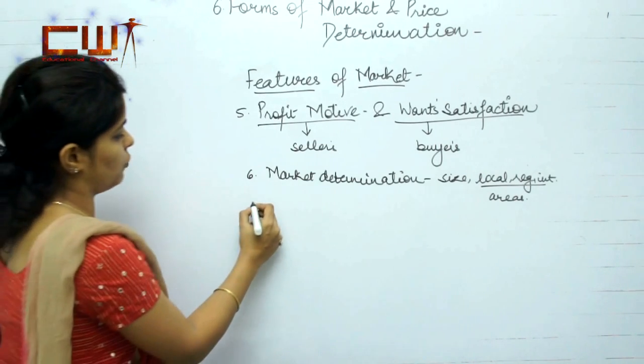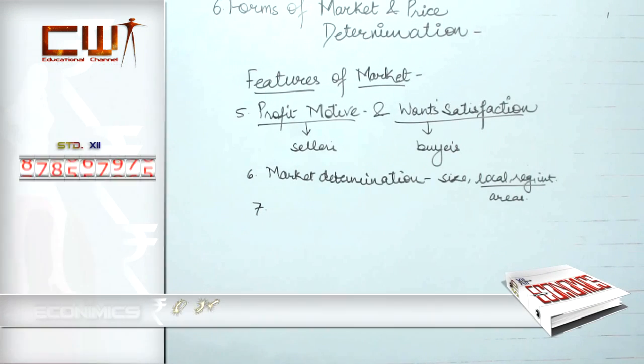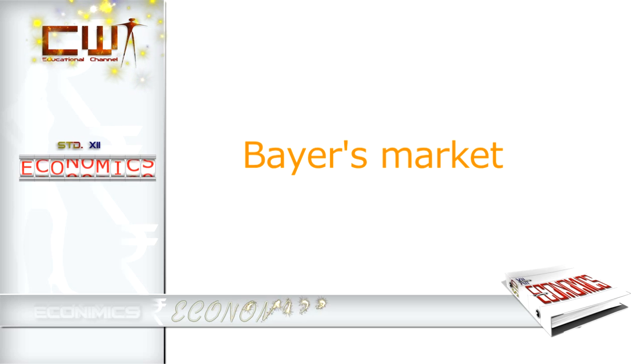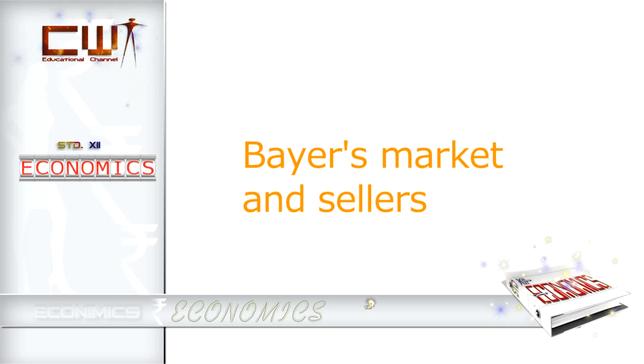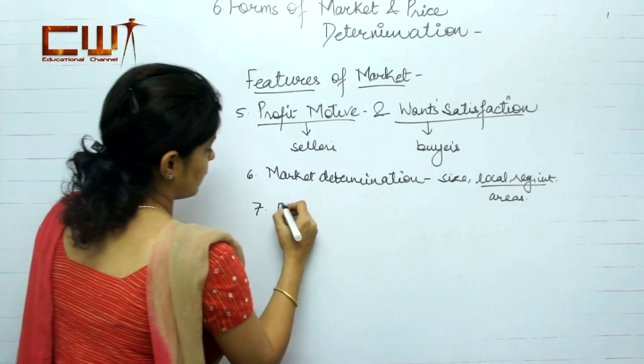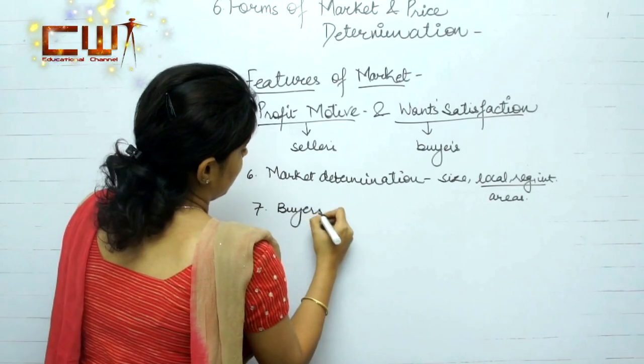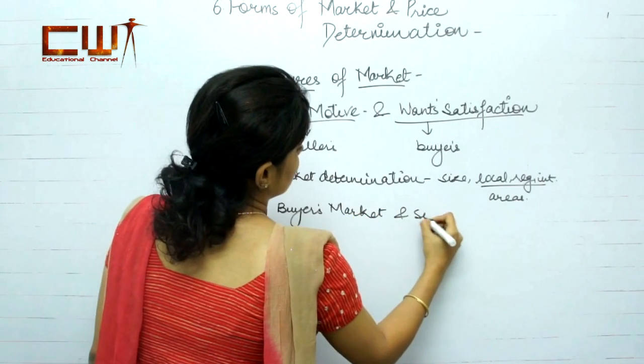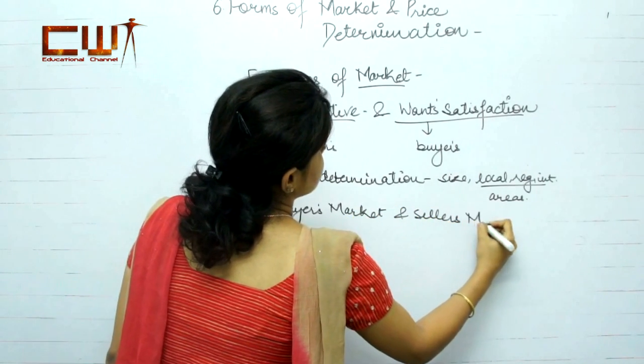Next feature that you will study is that there can be a buyer's market where the supply exceeds demand, and there can be a seller's market where demand exceeds the supply. So you have the buyer's market and the seller's market.